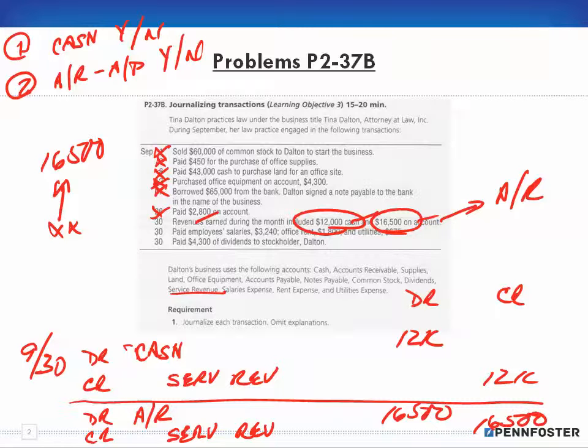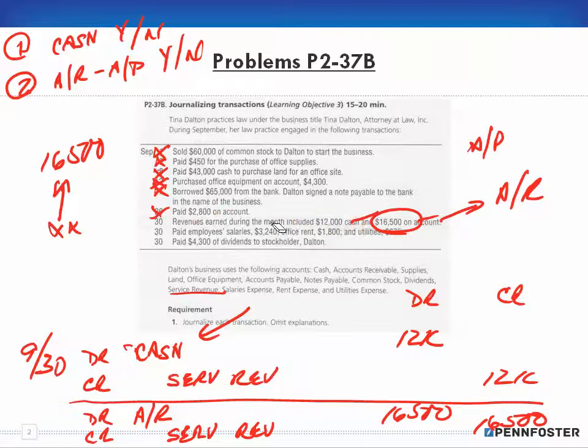The point to take from that journal entry is that any asset works the exact same way as cash. If you've done enough transactions affecting cash that you know to debit or credit it, you should be able to debit or credit any other asset. And if it was a liability account, such as accounts payable or notes payable, it's just the opposite. That's how you begin to internalize that information.